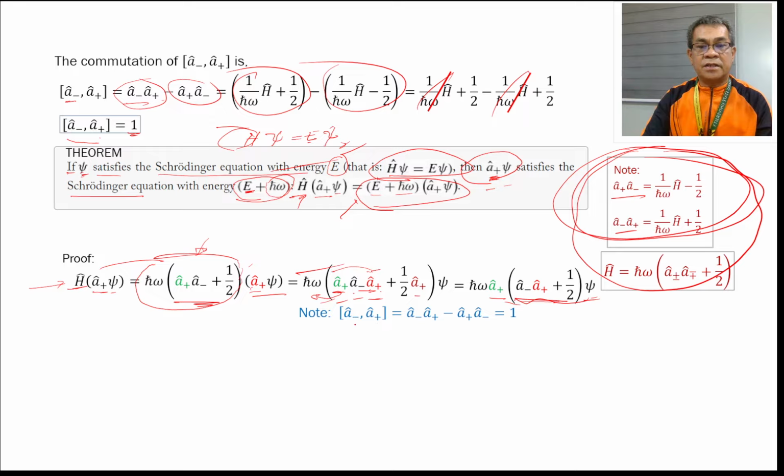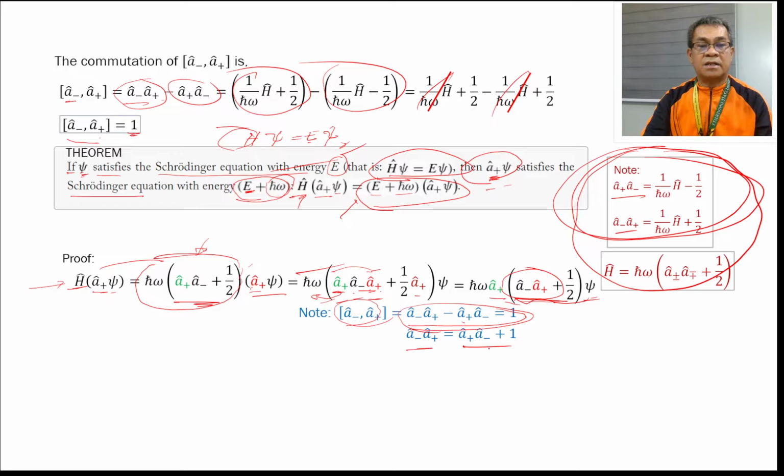But take note that again there is the commutation relation of the raising and lowering operators. We provided this previously, and it is just equal to 1, which means the lowering and raising operator can be expressed in terms of this expression. So I can move this to the right, it becomes plus, and I have this result.